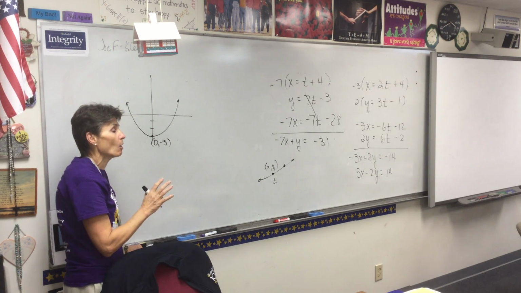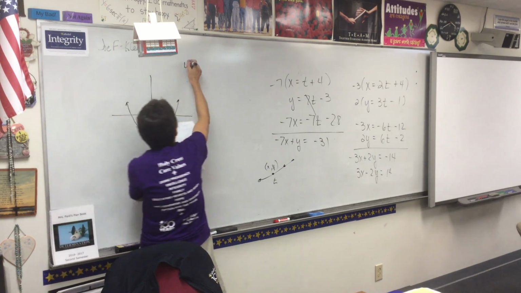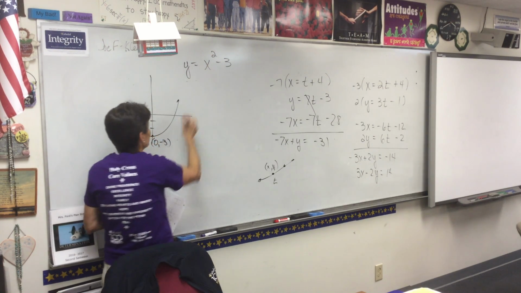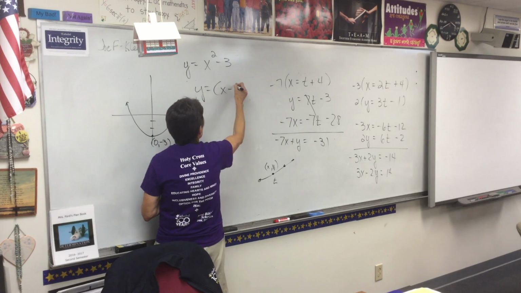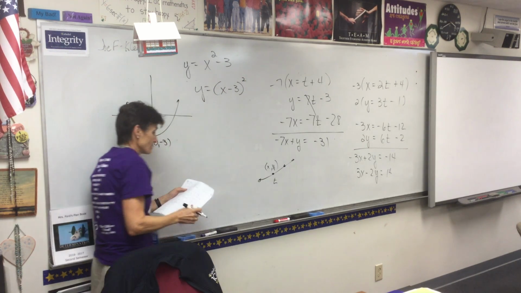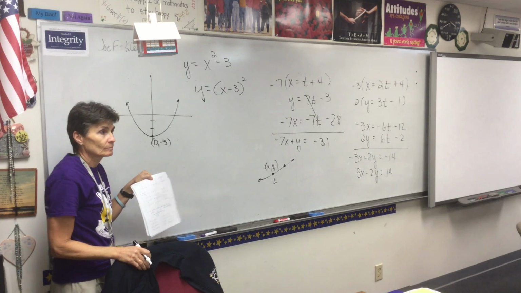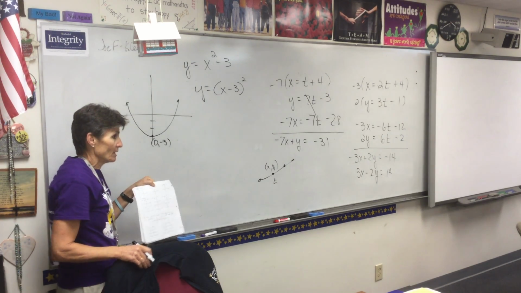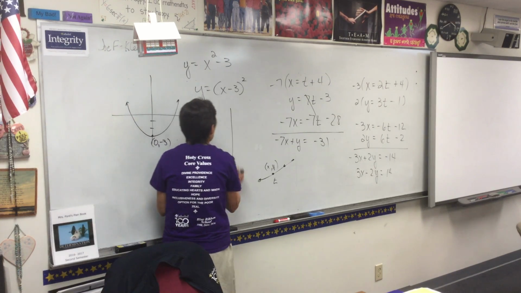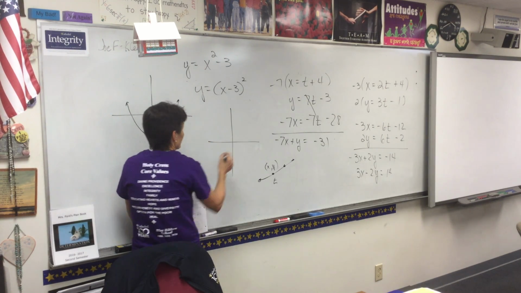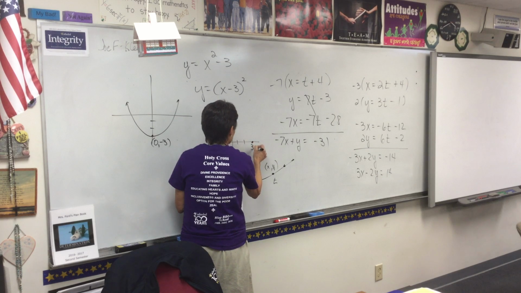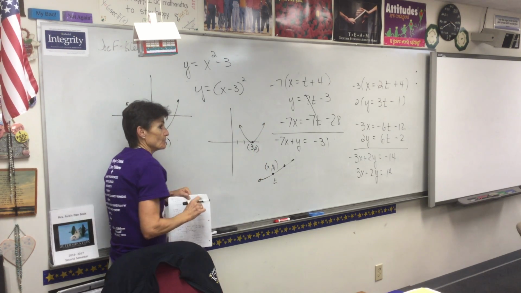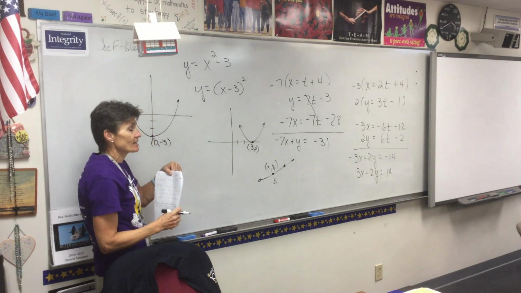You've got to know the difference between this, which is our problem, and this. Oh, that's B. B is a parabola, but it is shifted how? To the right 3. You have got to get that straight.